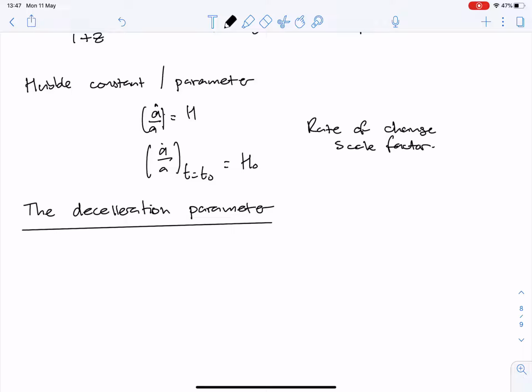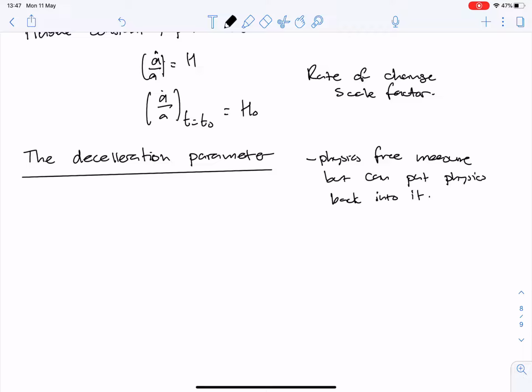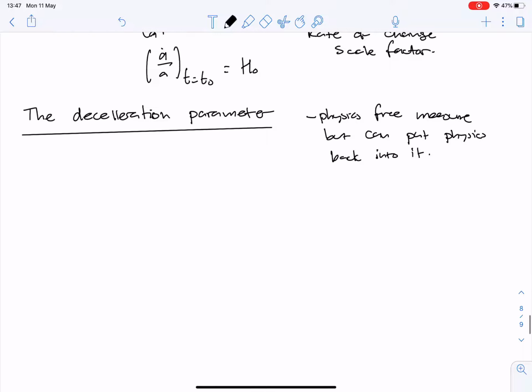So this is, in a sense, a physics-free measure, although you can put physics back into it, and we will do that in a minute. But it also has a sign convention which is historical but important to note.